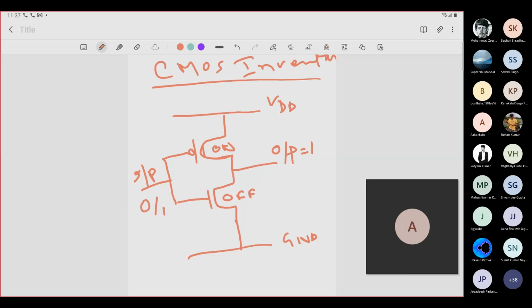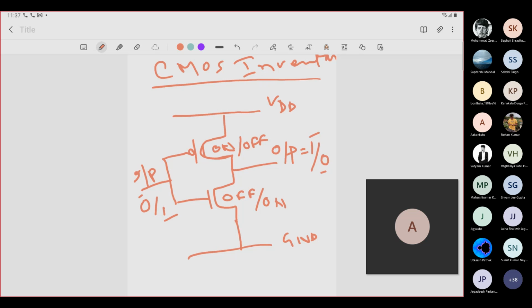If the input is 1, then the PMOS goes off and the NMOS goes to the on state, and the output will be tied to the ground and you will get logic 0. So when the input is 0, you get 1, and when the input is 1, the output is 0. So it is inverting in nature. This way you can realize your CMOS inverter. This is the circuit topology for the CMOS inverter.